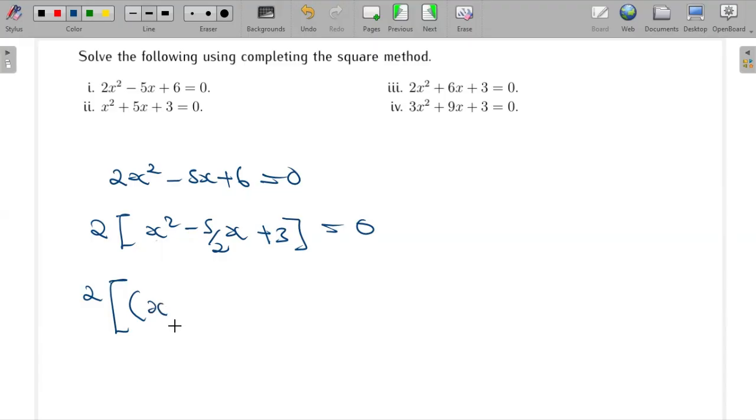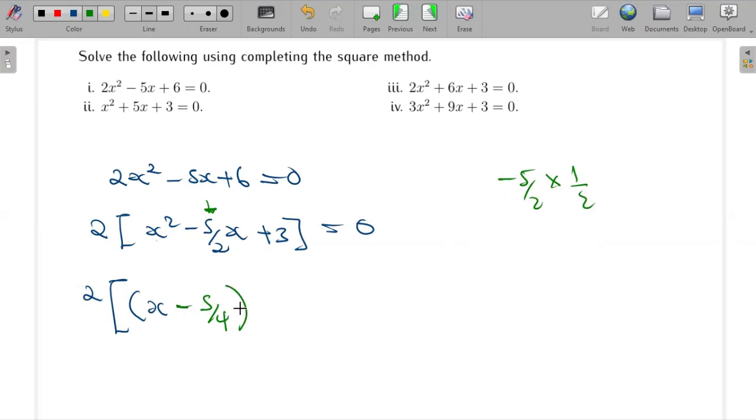Then you see this number, the negative 5 over 2, which is the coefficient of x in our case. How do we get half of any number? Just multiply by 1 over half. So this gives us negative 5 over 4.